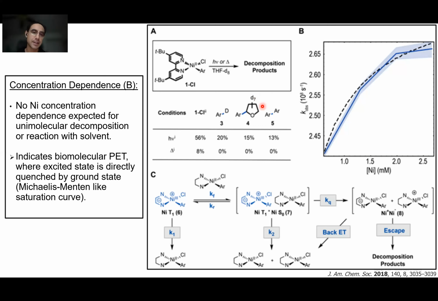Then that THF radical can add into the nickel complex, and you can reductively eliminate to form this aryl THF bond. They also showed that there is a radical cage pathway where you can eject an aryl radical. So I suppose that could also generate this THF radical while also forming a deuterated aryl compound.